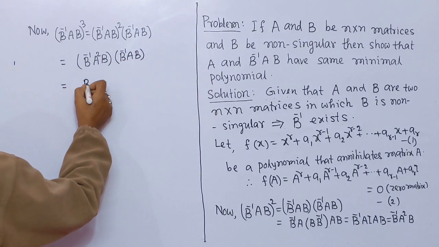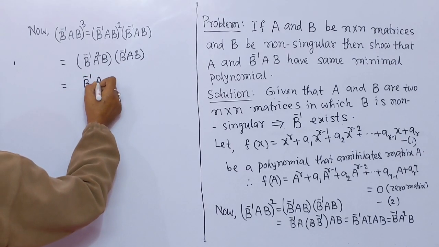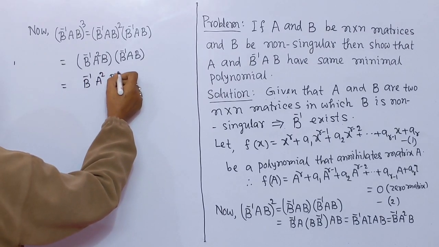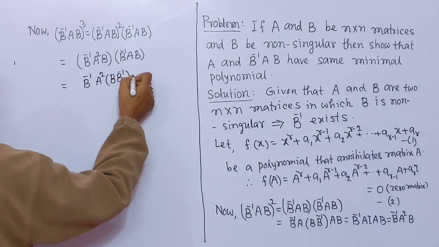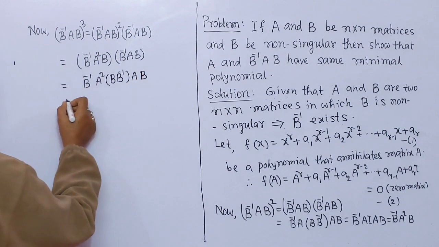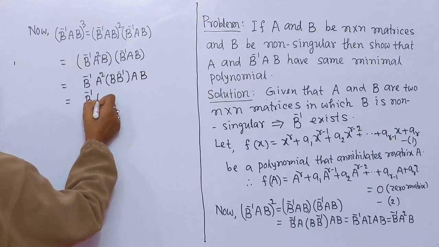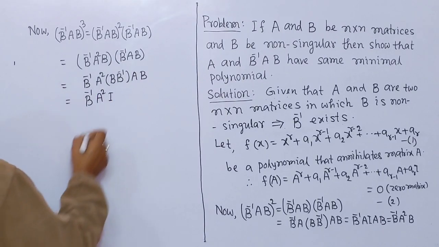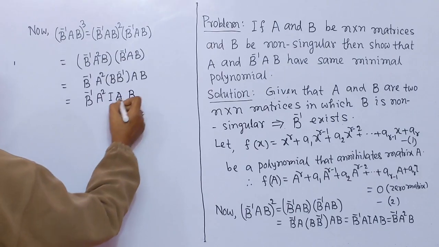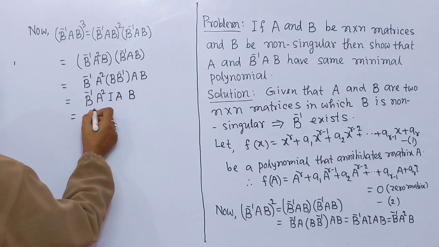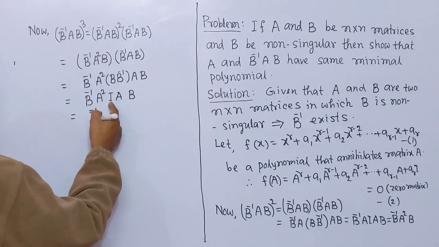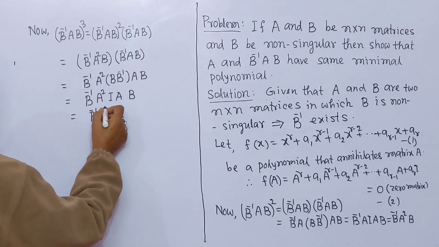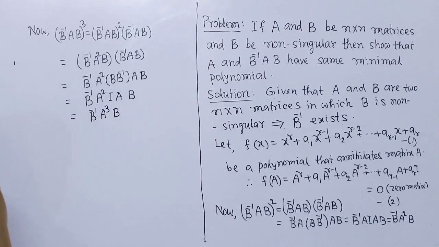This equal to B inverse A square, here we have B B inverse, which is unit matrix, AB. This is equal to B inverse A square multiply unit matrix is A square, and A square multiply A equal to A cube B.